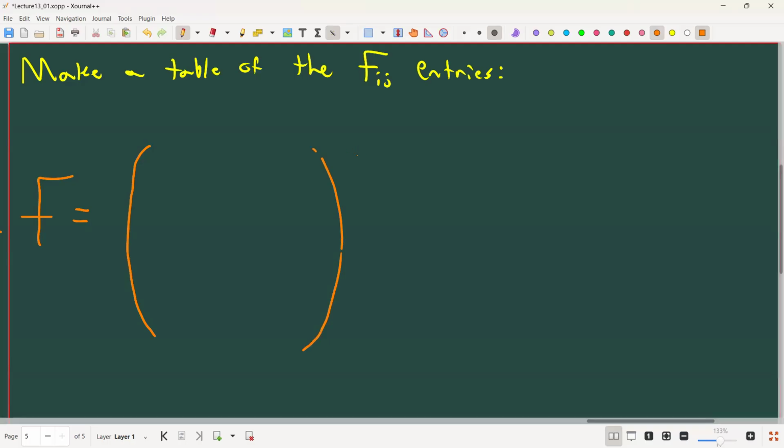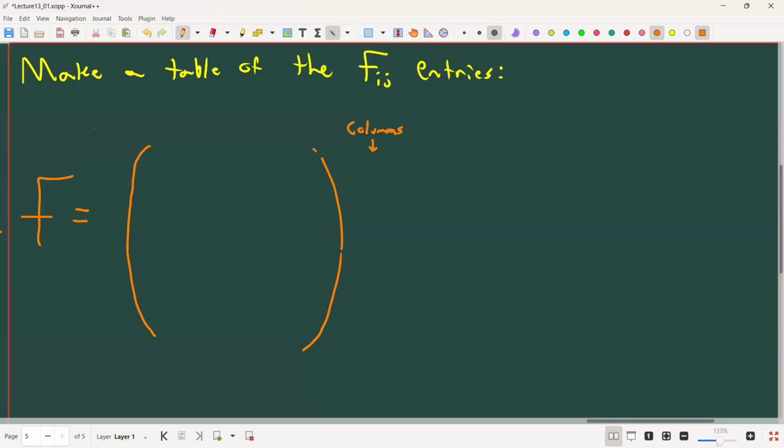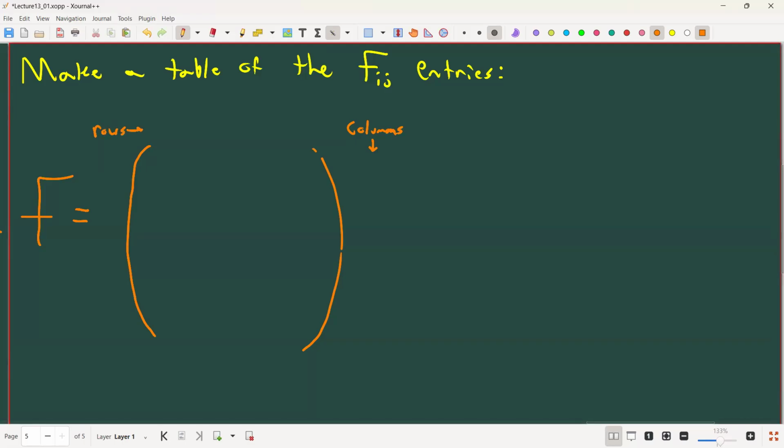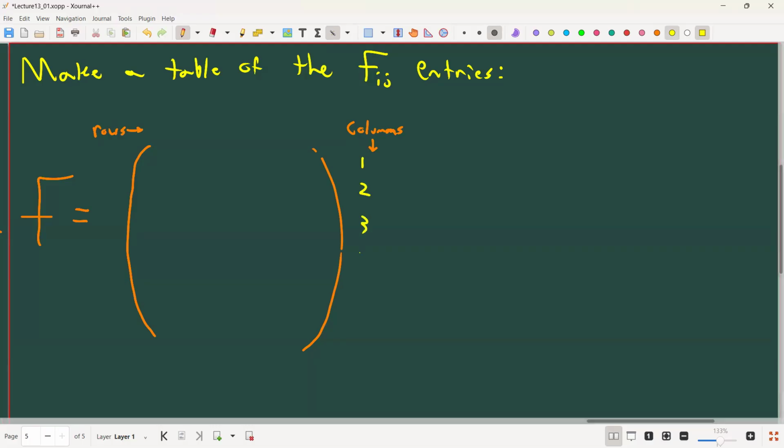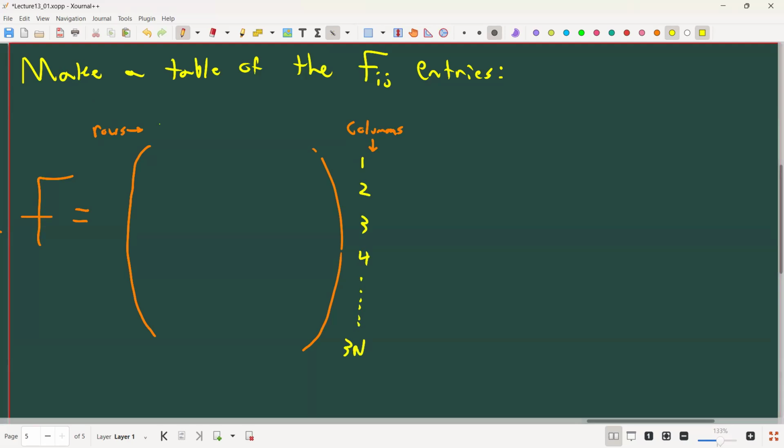It's got columns and it's got rows. I can label each of the columns and rows by the coordinates: 1, 2, 3, 4 to 3n, and 1, 2, 3 to 3n. And I can just start filling in.